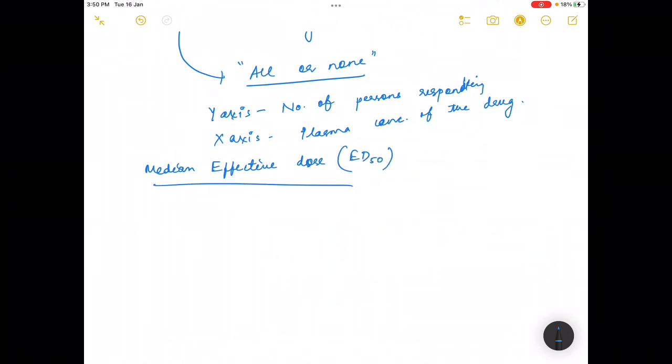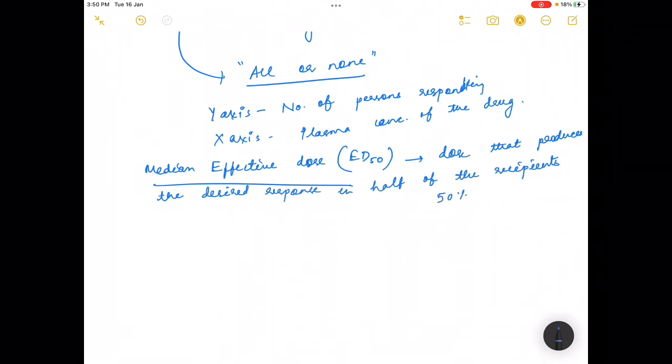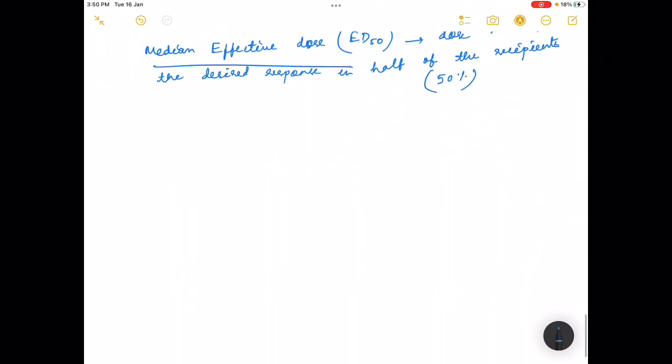So what is the median effective dose? It is the dose that produces the desired response in half of the recipients, that is 50% of the recipients. Okay, so that is the median effective dose, or ED50.